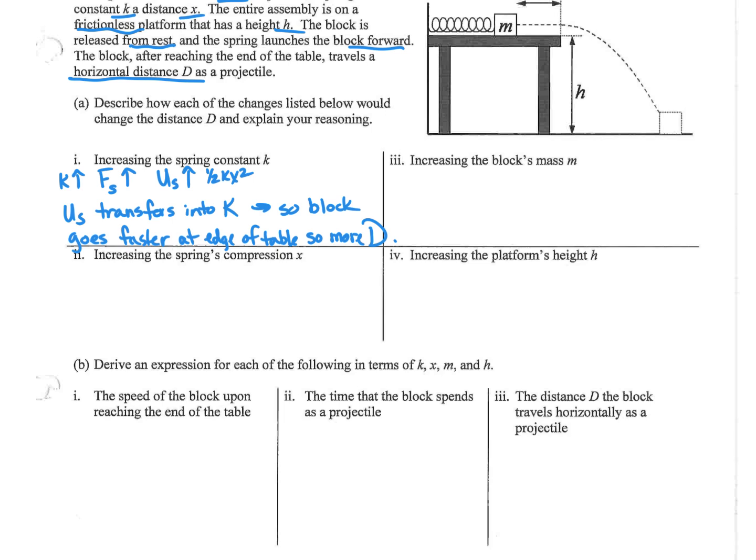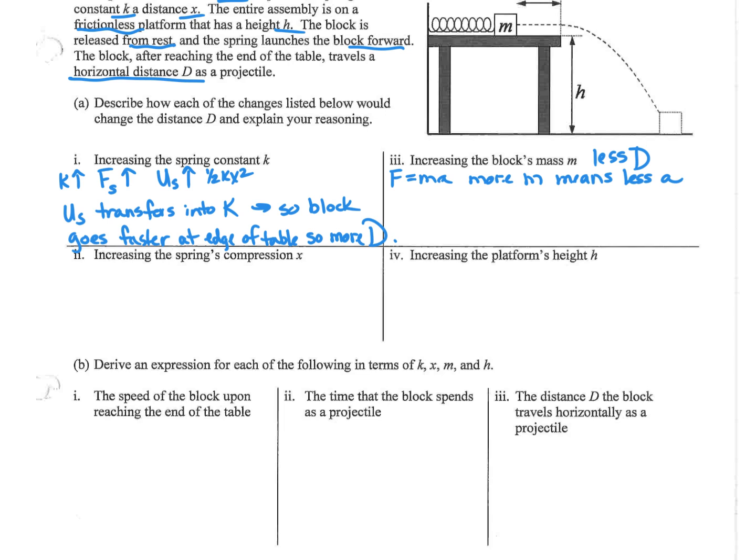So now, if I increase the mass of the block, my gut is going to be less D. And let's see why. Since F equals MA, more M means less acceleration, doesn't it?